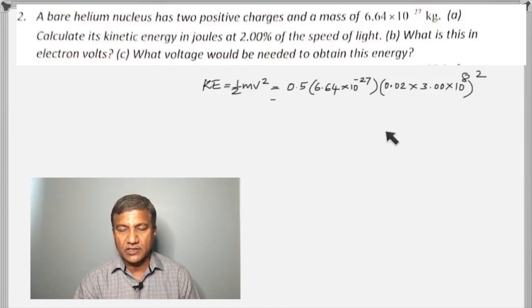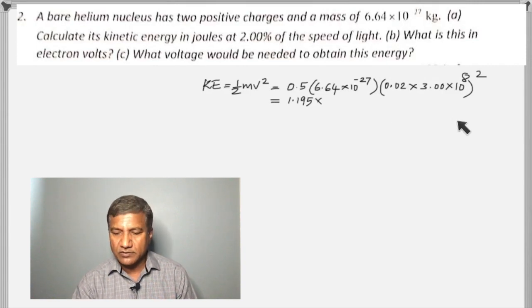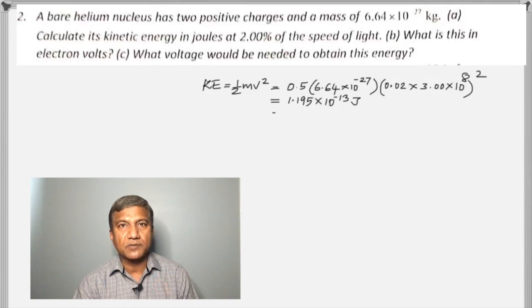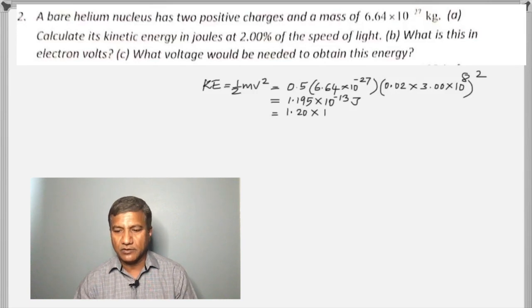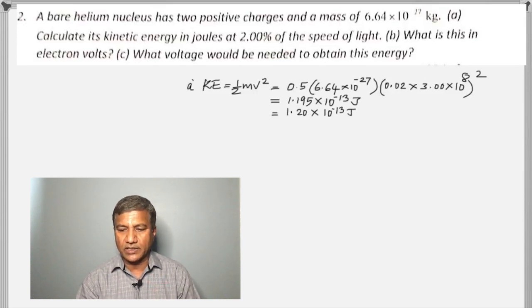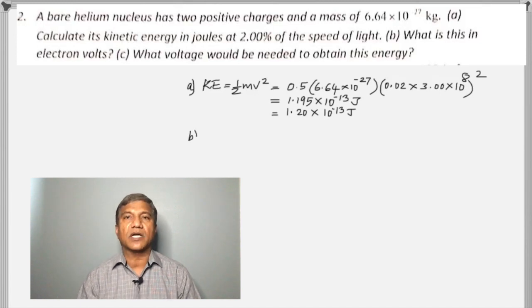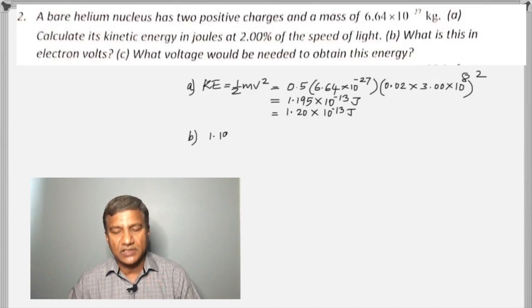Actually, 2% is 0.02, which is 2 by 100, times the speed of light, which is 3 times 10 to the 8. So that whole thing is the velocity of the helium nucleus. And when you square that and calculate, you get 1.20 times 10 to the negative 13 joules.